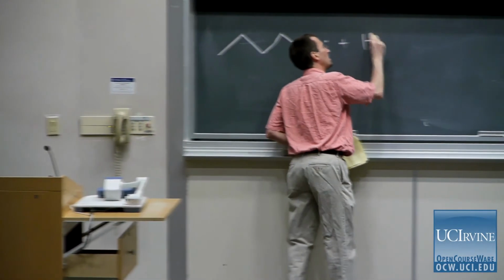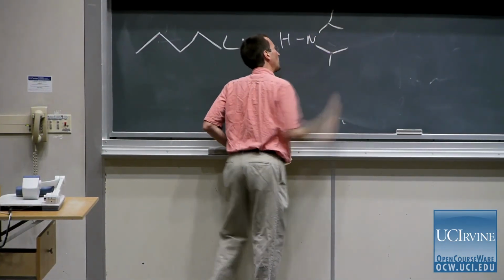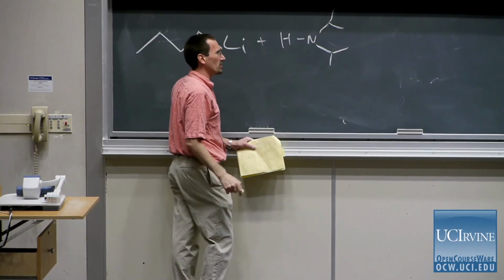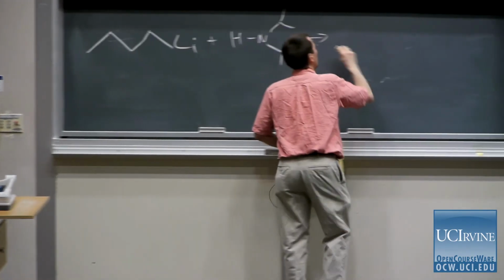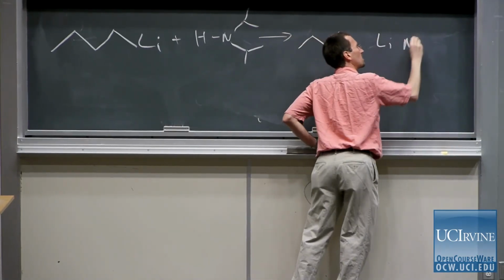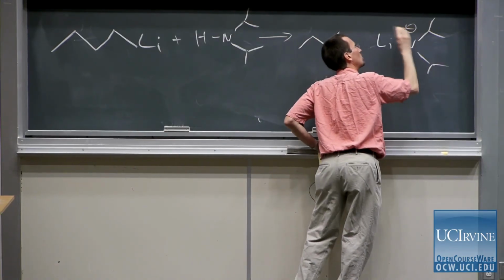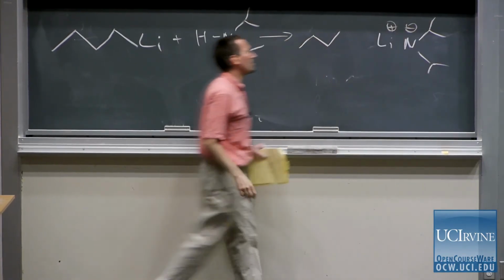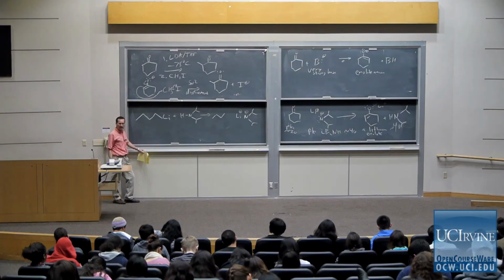You can mix it with diisopropylamine in THF if you like before you add your cyclohexanone, and you pull off a proton, you get butane plus lithium diisopropylamide. And again, I'm now getting into writing things in shorthand, so I'm not writing as many lone pairs of electrons here. And this, too, is an acid-base reaction.